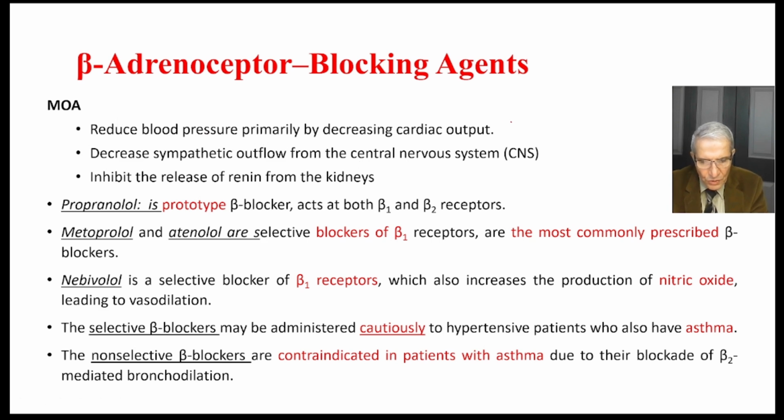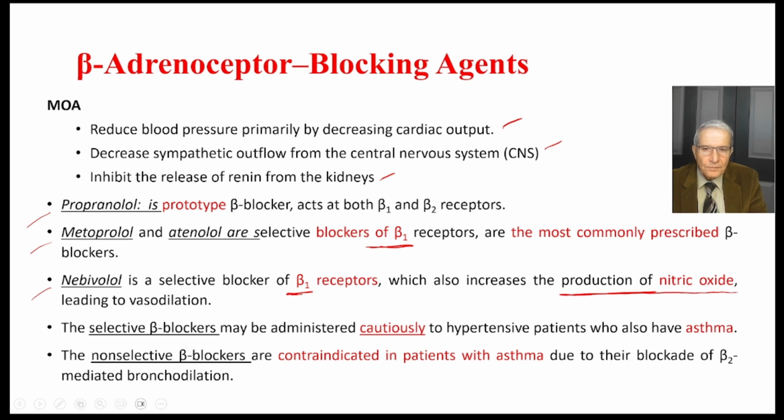This medication works on the heart, decreasing heart rate, works on the sympathetic system, decreasing outflow of the sympathetic system, and decreases or inhibits release of renin. Then we need to remember the major drugs: propranolol, non-selective; metoprolol, atenolol, selective beta-1 receptor; nebivolol, which acts on the beta-1 receptor in addition to increased production of nitric oxide.